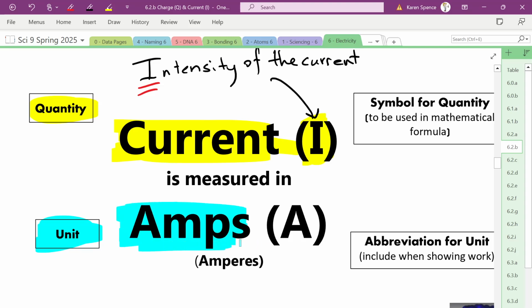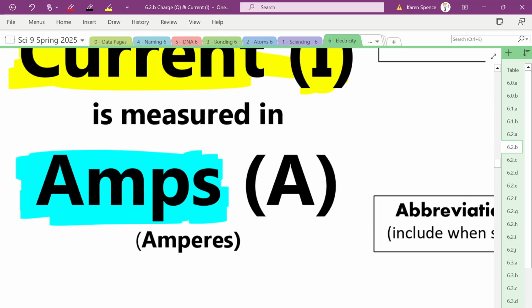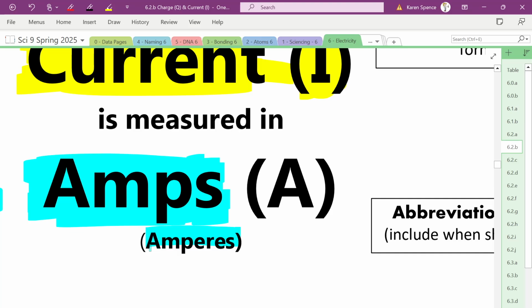Now, amps is actually short for something else. You might also hear it referred to as amperes. If you want to be French about it, you can say amperes. But generally in English, we say amperes. But amps is good.